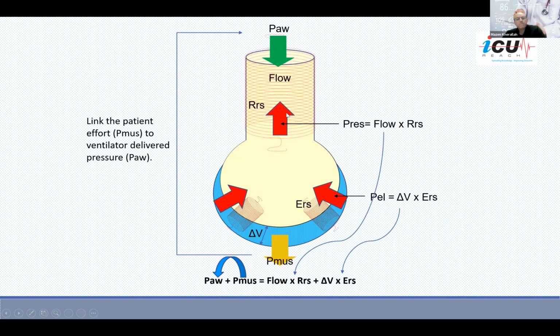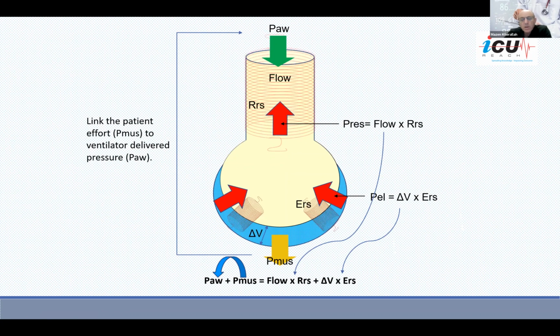So in proportional mode of ventilation, we get information about this pressure that is generated by the patient, and then we link this pressure to the ventilator to deliver pressure support for him. If the patient is requiring too much pressure to overcome airway resistance or lung elastance, at that time, the machine will take over part of this work.